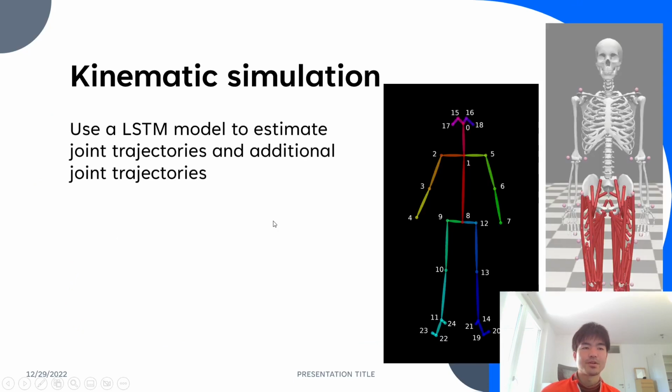The second breakpoint is to use an LSTM model to estimate joint trajectories and additional joint trajectories. There are two main problems with the data from OpenPose. First, OpenPose doesn't track the motion. It's frame by frame detection, which is okay from a detection point of view.